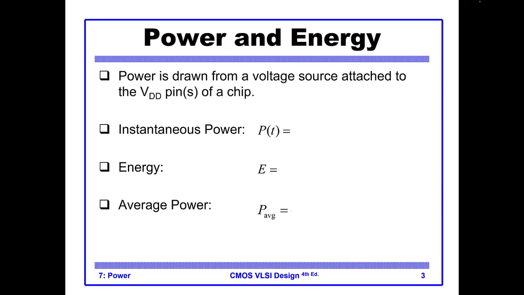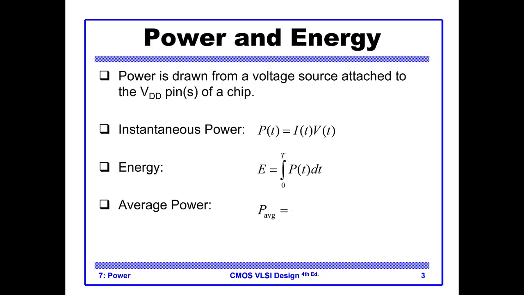So what is power? You know from your basic circuit analysis course that power is the current times supplied voltage. So you can say the instantaneous power P as a function of time is equal to current as a function of time multiplied by voltage as a function of time.